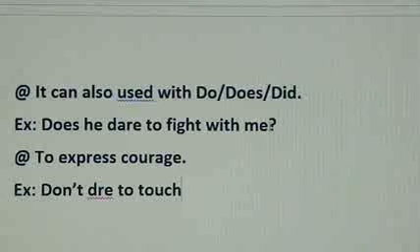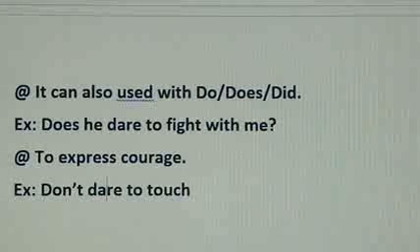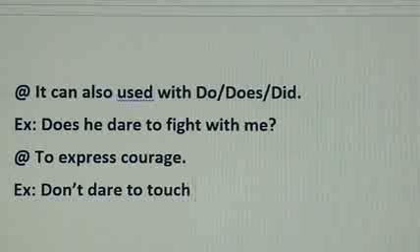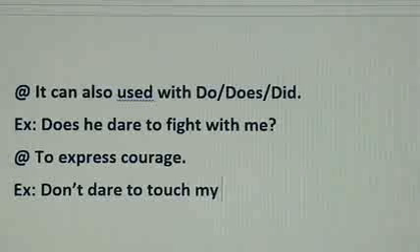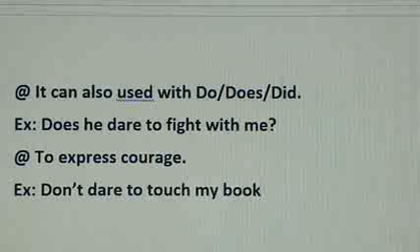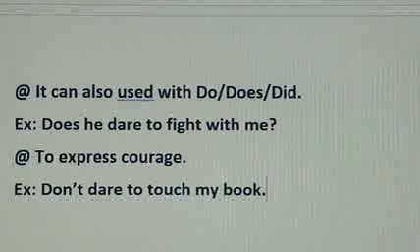Don't dare to touch my book. Don't dare to touch my book. Okay. Right? Dear children, you need to practice hard for all these modal auxiliary verbs. Right?